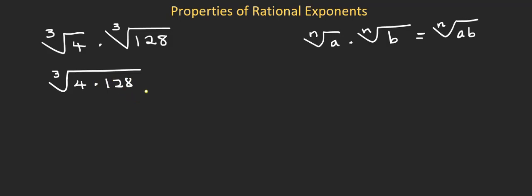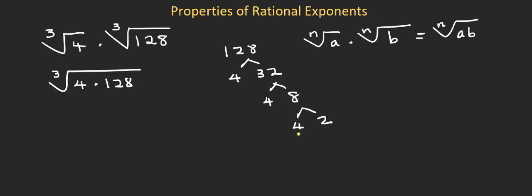Now, we need to break down 128. That's 4 times 32. And that's 4 times 8. And that's 4 times 2. And that's 2 times 2.